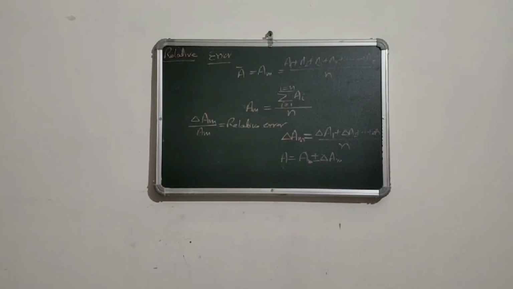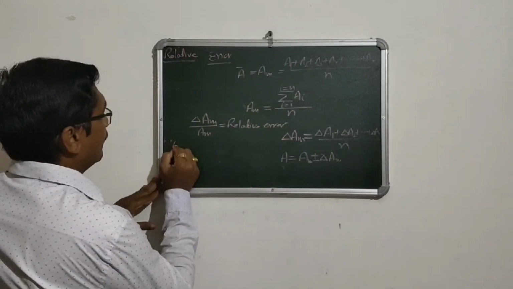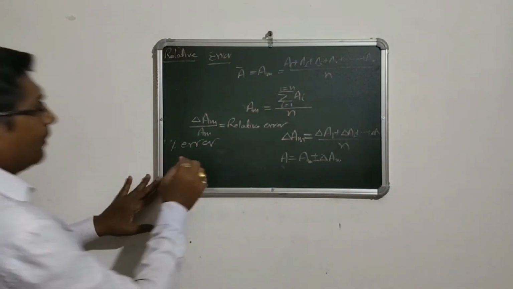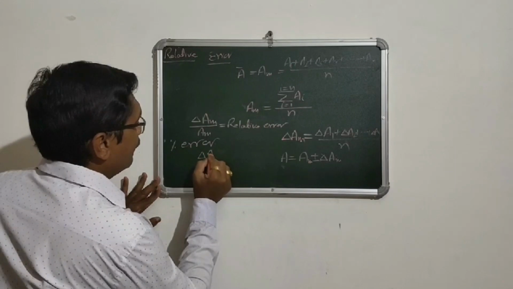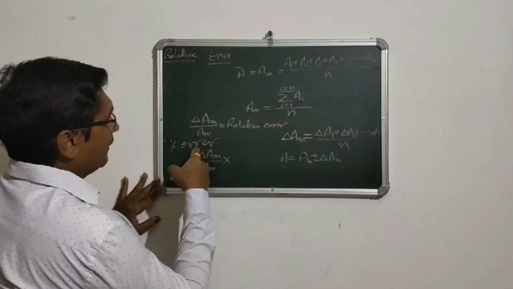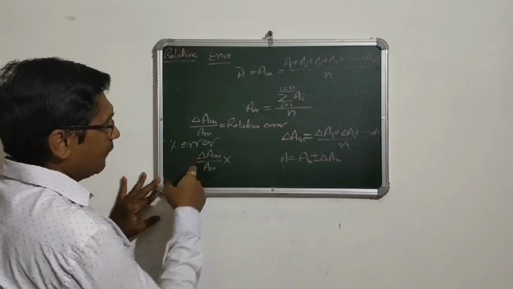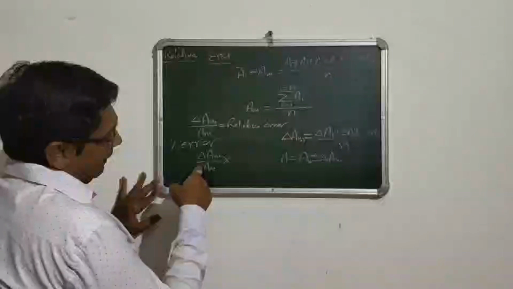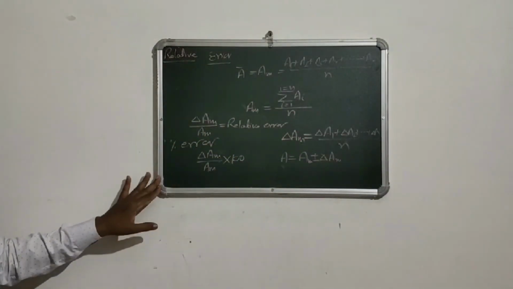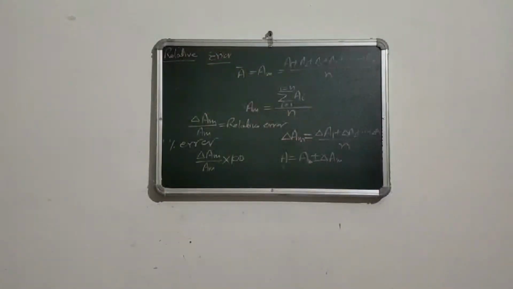And next is percentage error. What is percentage error? Percentage error is the ratio of the absolute mean error and the mean value multiplied by 100, or we can say the percent value of relative error is called percentage error.